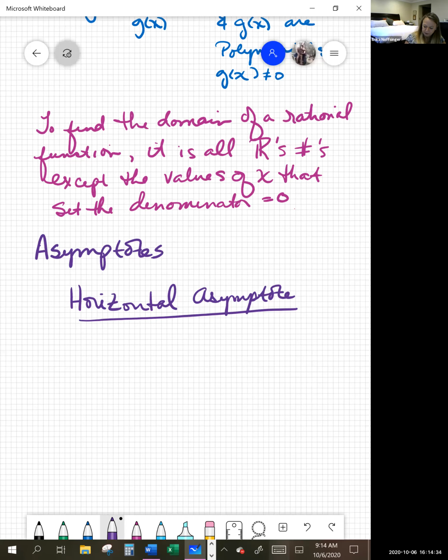And so the limit as x goes to plus or minus, could be both, infinity of your function, let's just say f of x over g of x, is equal to some value, let's call it L, where L is equal to a constant.